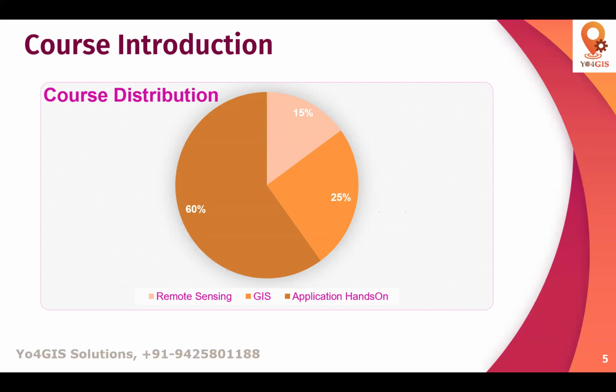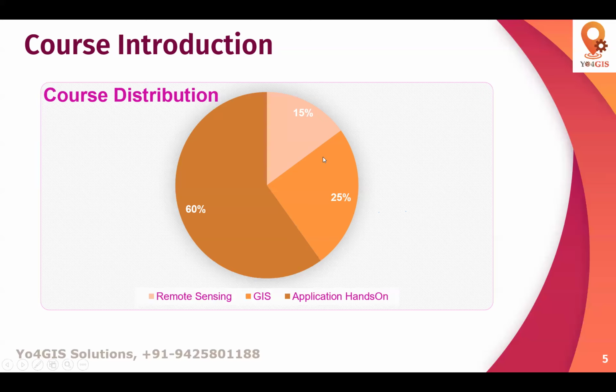As you know, we cannot talk about GIS without remote sensing, because remote sensing is the origin point of GIS. So everyone has to understand what remote sensing is, and then we will come to GIS, and after that we will come to the hands-on experience and different types of use cases and assignments.